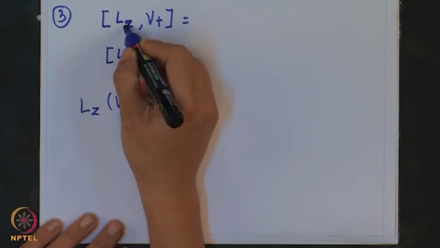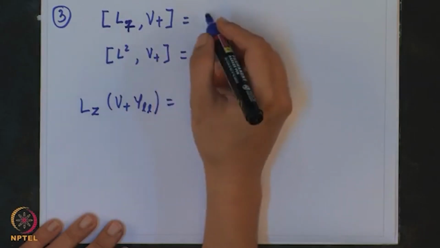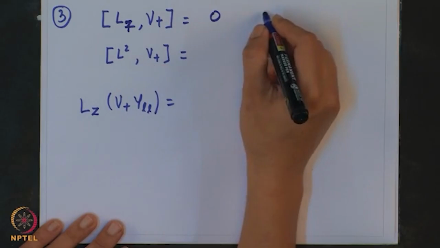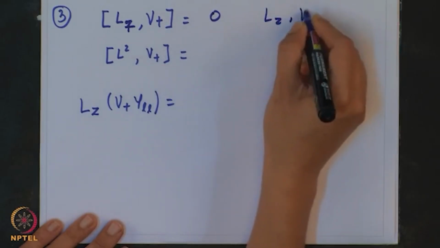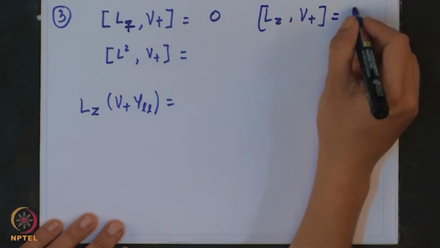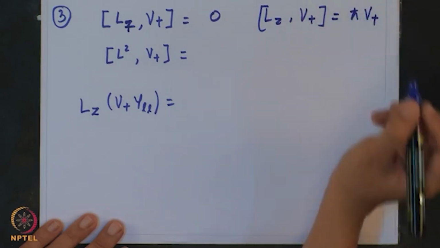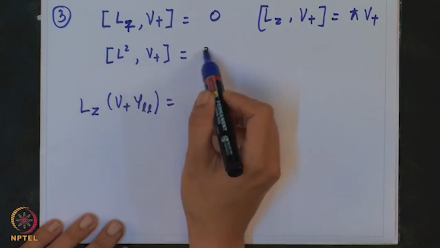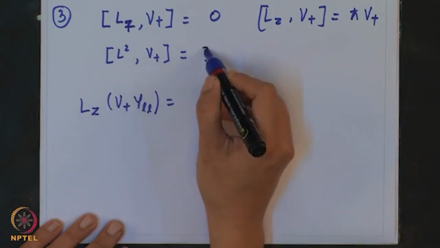Here it is, L plus V plus is 0, and Lz V plus is H cross V plus. And this you have to tell me what do you expect.